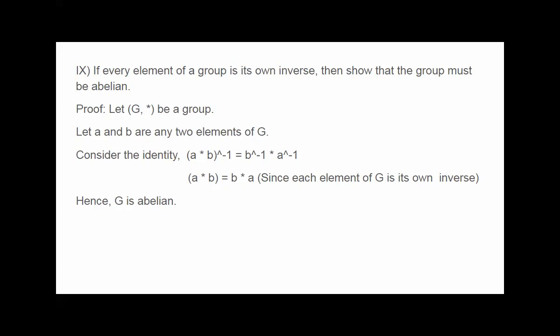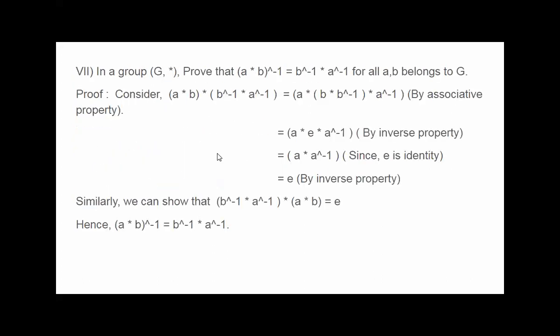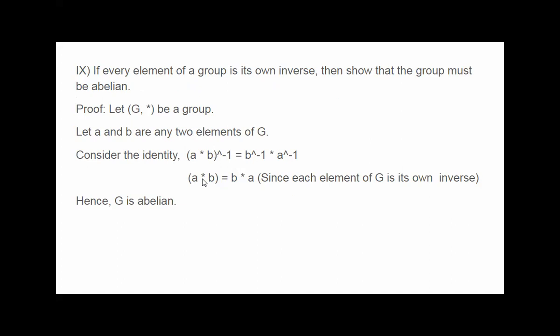What we have to show is that this group must be abelian in case every element of that group is its own inverse. Let A and B be any two elements of G. Now we know the identity that A star B inverse is equal to B inverse star A inverse. In the last example we have shown this one. We have to consider this one.